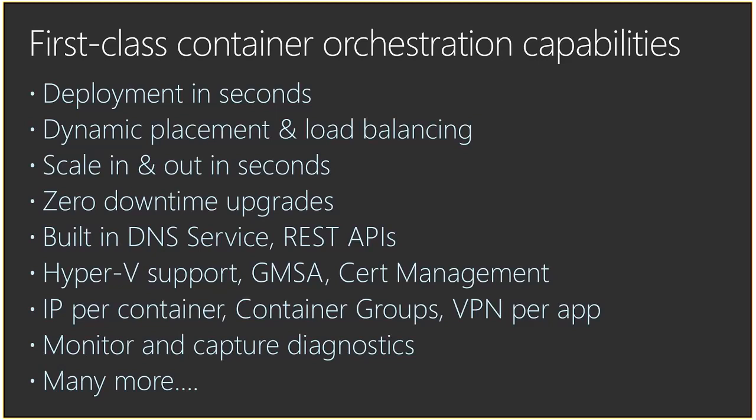It provides an IP per container and all the useful things that you need as a part of a container orchestrator. And let's say there's a hardware failure with a node, a node is down, what it will do is move the containers that are running to other nodes.